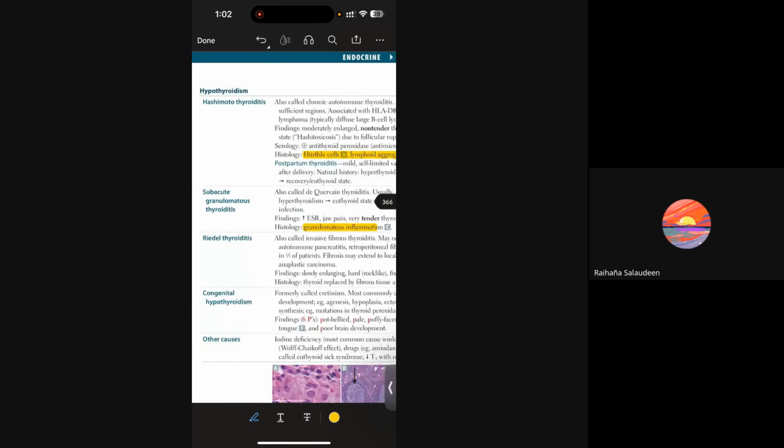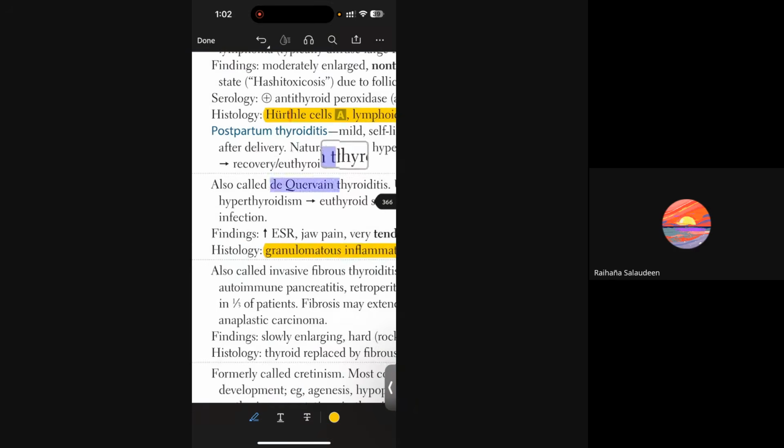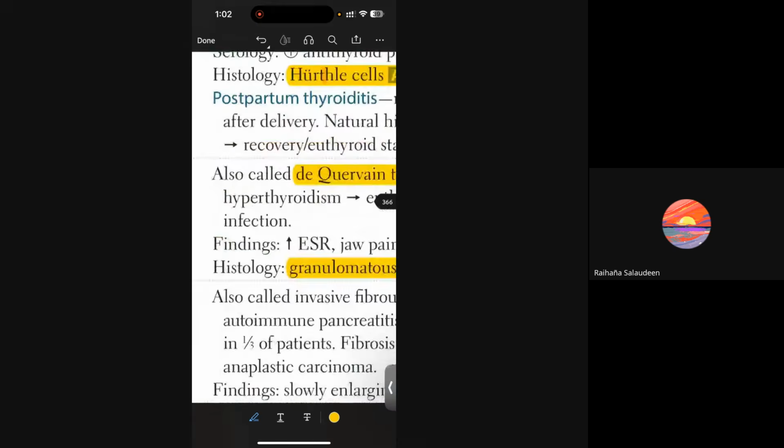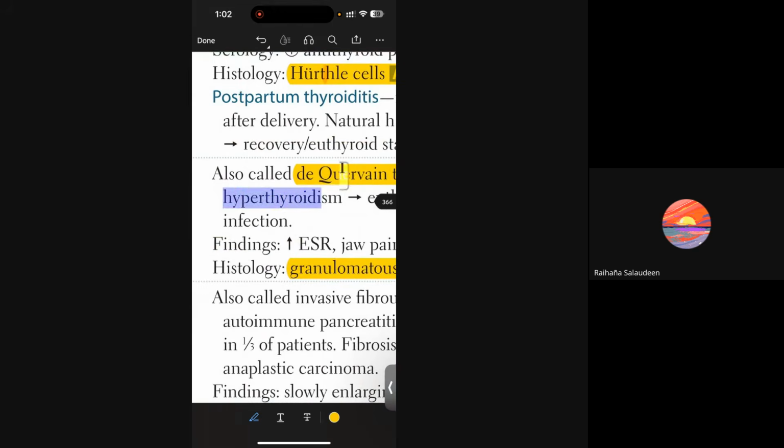The diagnosis is De Quervain thyroiditis. In the early stage, you are going to see hyperthyroidism symptoms.